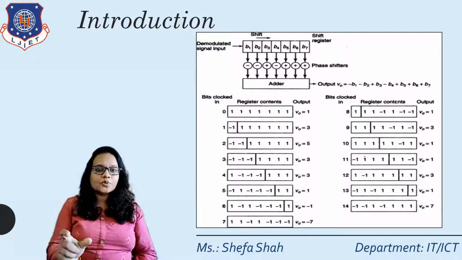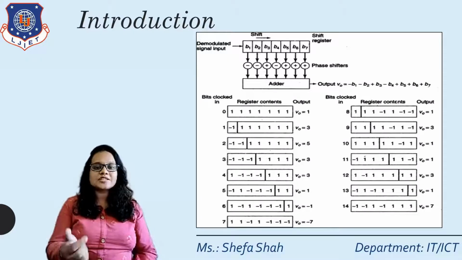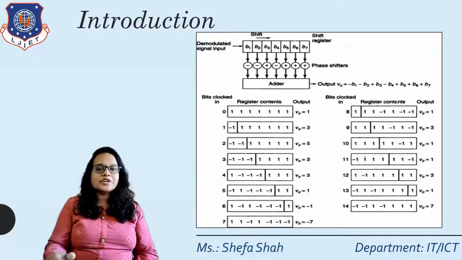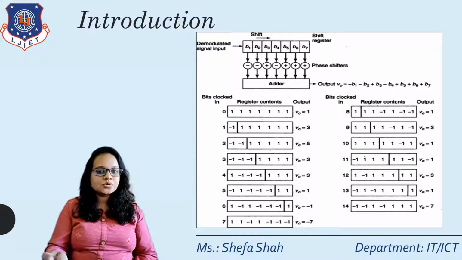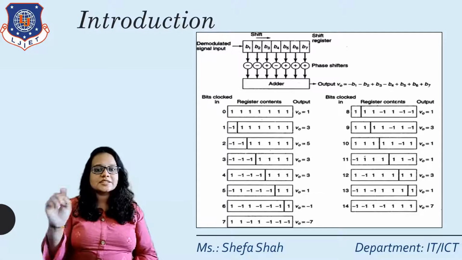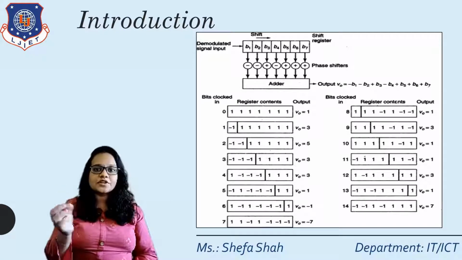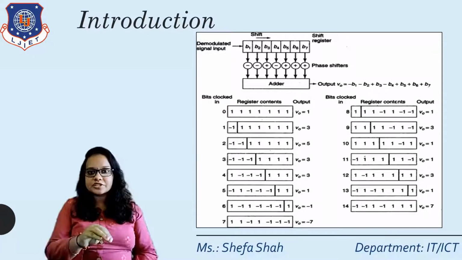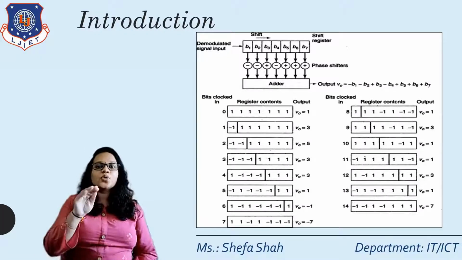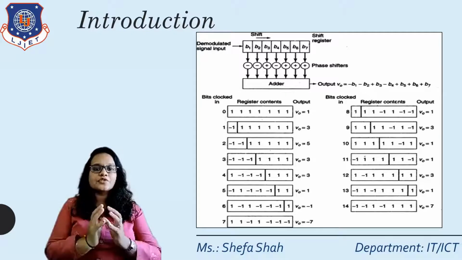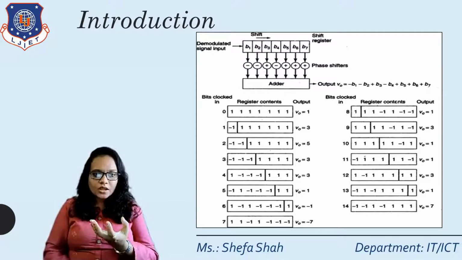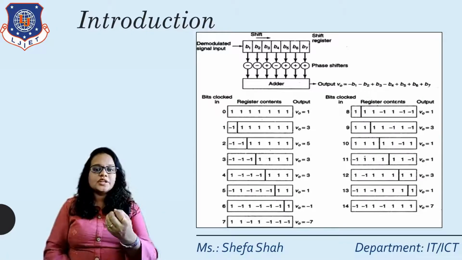At the output of the adder, V0 equals -B1, then B2 also passes through a negative phase shifter, so -B2, then +B3, -B4, +B5, +B6, and +B7. So the output voltage is the combination of these bits, through either negative or positive phase shifters. Clear? It is shown in the figure below.